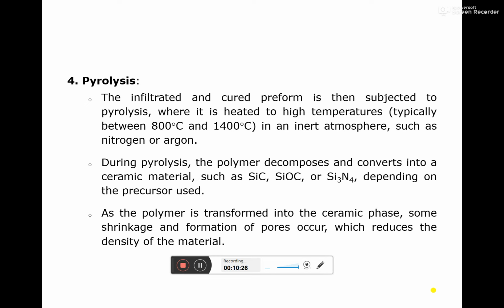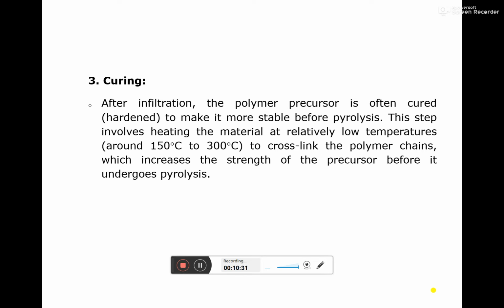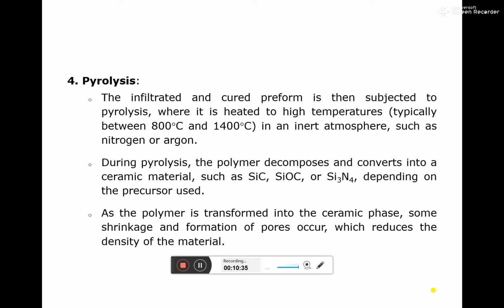The next step is pyrolysis. Once the strengthened precursor chain formation is done, the infiltrated, cured preform is subjected to high temperatures in the range of 800 degrees centigrade to 1400 degrees centigrade, in an inert atmosphere such as nitrogen or argon gas.